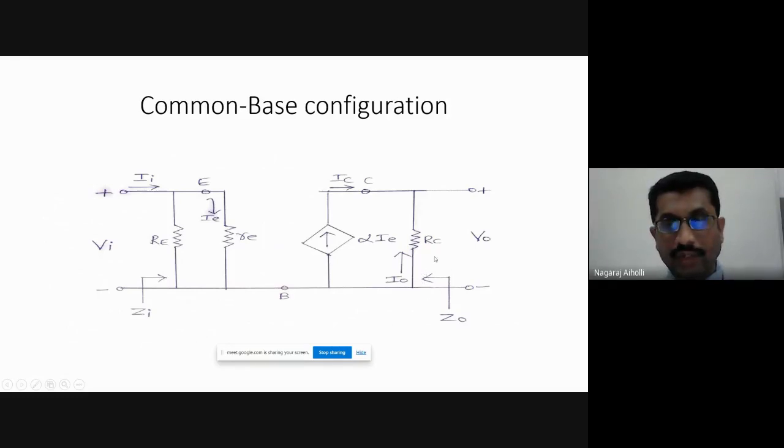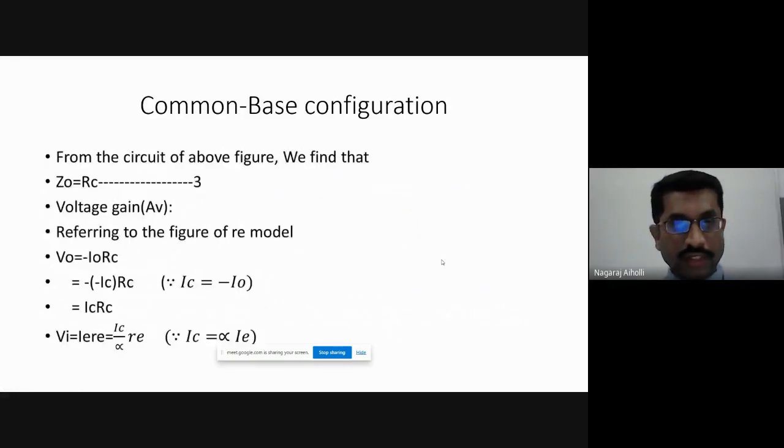If we apply KVL, current entering is positive and current leaving from the other end of the resistance is negative, so positive to negative: minus I naught RC minus V naught equals 0, or V naught is equal to minus I naught into RC. That is how we get the output voltage equation.